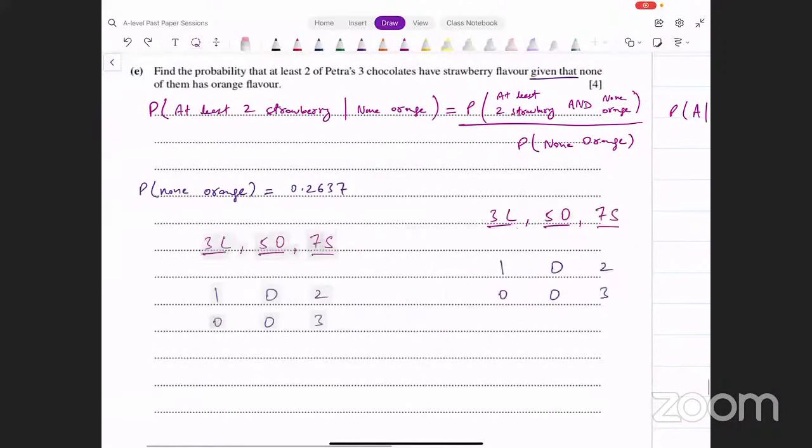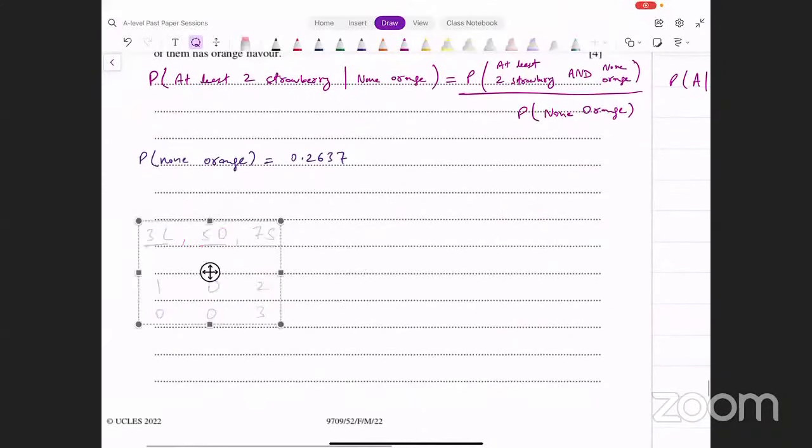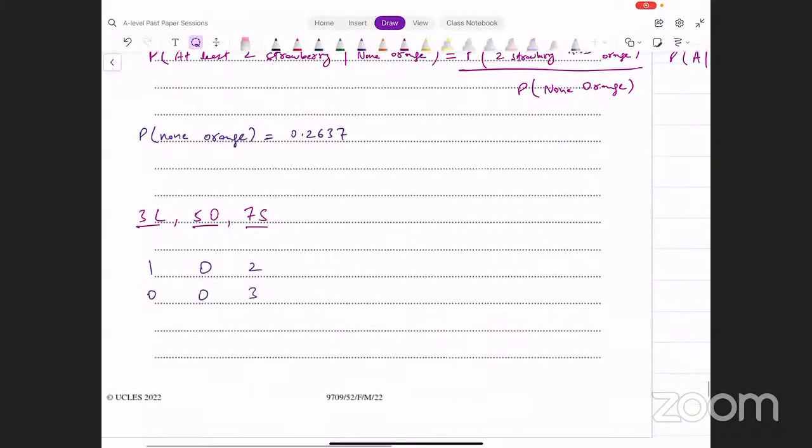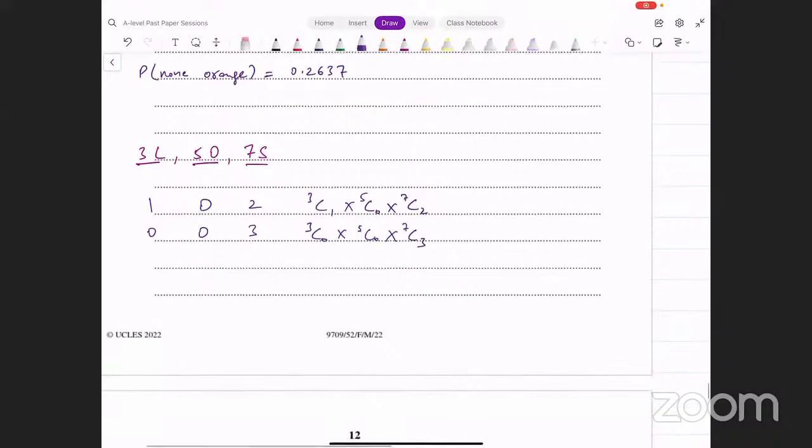अच्छा, now let's evaluate कि इस पे हमारे पास ये कितने cases बनते हैं. ये क्या बनेगा? 3C1 into 5C0, that's just 1, into 7C2. And the second one is 3C0 into 5C0 into 7C3. ये आपके पास वो cases आ गए जिनमें आपकी condition meet होती है, ठीक है?